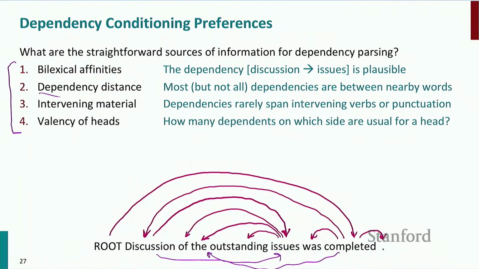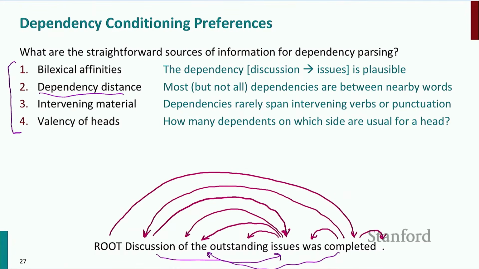The second one is dependency distance. You can have long distance dependencies that go a long way, but most dependencies are short distance. A lot of words depend on their neighboring words at a very short distance. So that's a good preference to have. As well as just the distance, it's somewhat informative knowing what's in between. It's rare for dependencies to span verbs or punctuation.